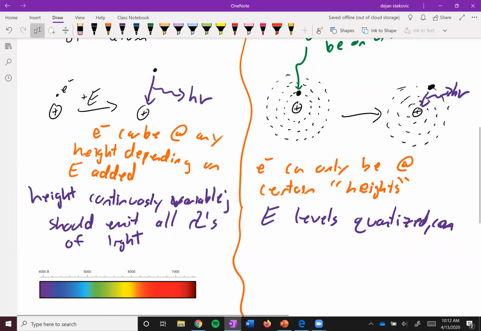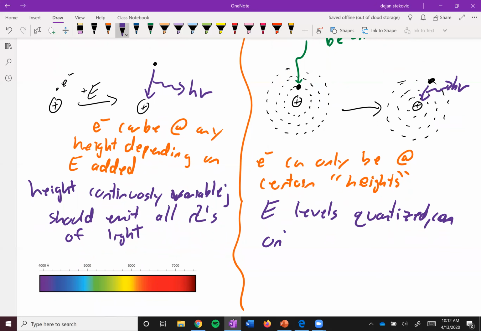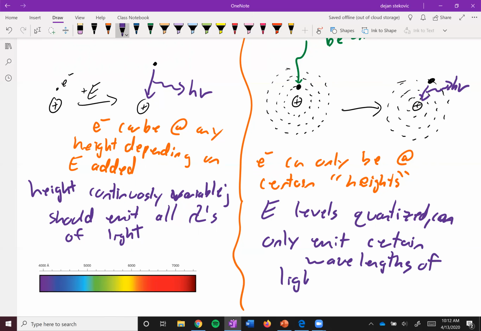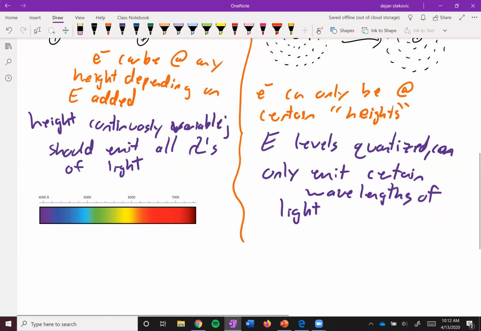It can only land on these orbits. So it can only emit certain wavelengths of light.